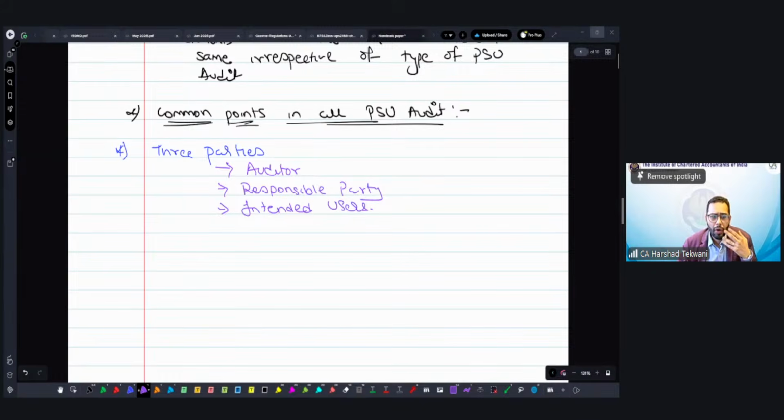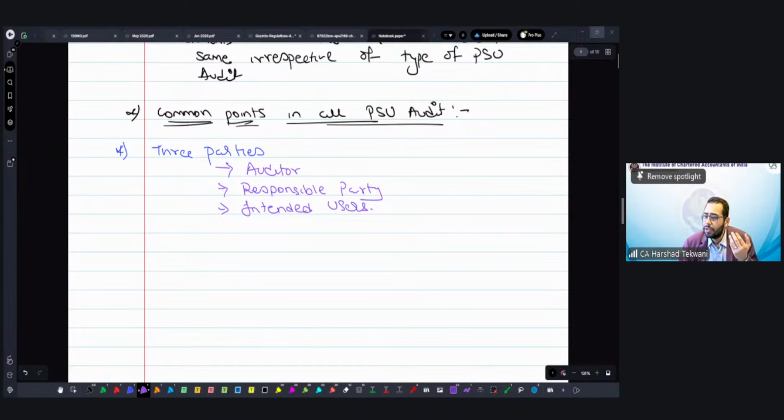Now, how do we define who are the intended users and who are the responsible parties? Anyone? Who are the responsible parties? Who are the intended users? Okay, yes, very good. Intended users, our stakeholders, are basically intended users.